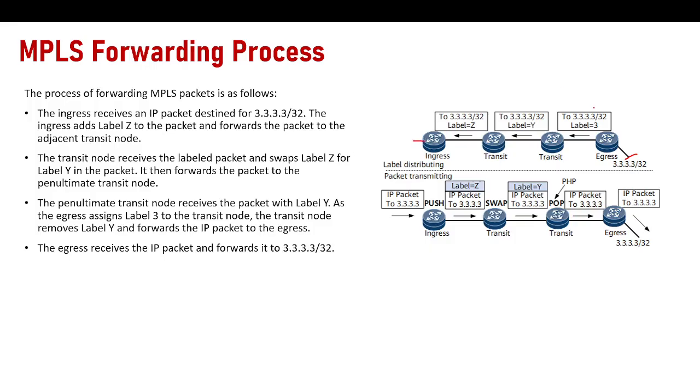So this device will send a message to this transit router telling it that if you want to reach this network, use this label. What does 3 stand for, by the way? We talked about some special labels. Anyone who can remind us which type of label is number 3?